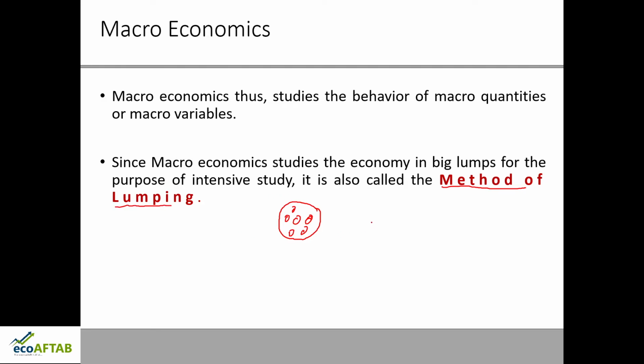Micro is the slicing method; macro is the method of lumping, the overall, the aggregate. If this is about the individual thing, this is about the aggregates. Aggregate study is macroeconomics. The method of lumping comes under macroeconomics.